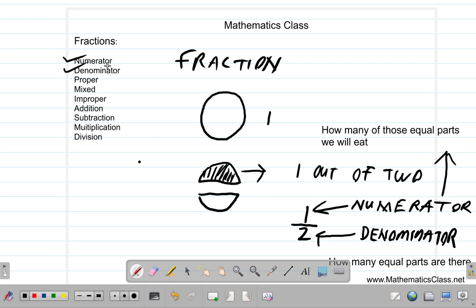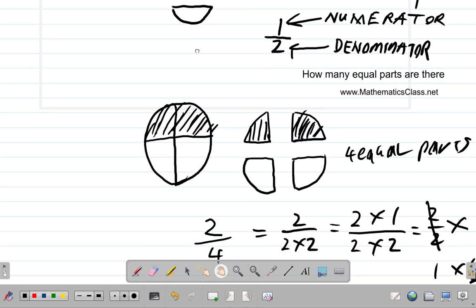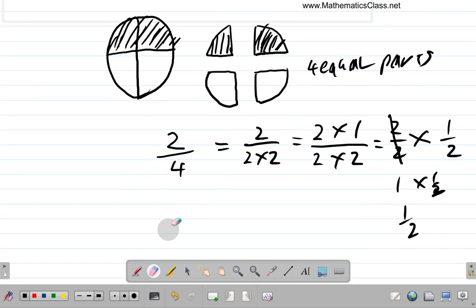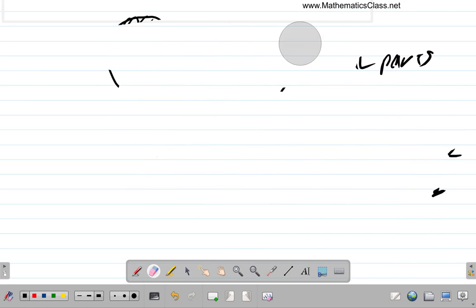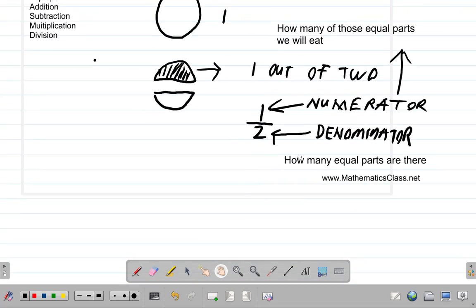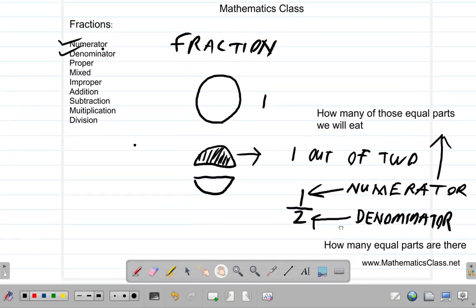The next thing I want to do is to look at what you call a proper fraction. And then we look at the mixed fraction and the improper fraction. Alright, let's erase the board. Erase what we've done already because we want the board to be clean, so that we have a clean board to work with after this.